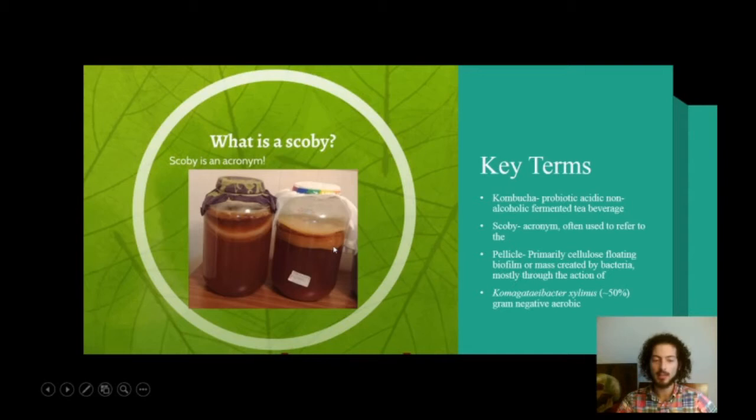This is sometimes referred to as a SCOBY, which stands for symbiotic culture of bacteria and yeast, but it would be more correctly referred to as the pellicle, which is the cellulose floating biofilm or mass that is created mostly through the action of Komagataeibacter xylinus, which is a gram-negative aerobe.